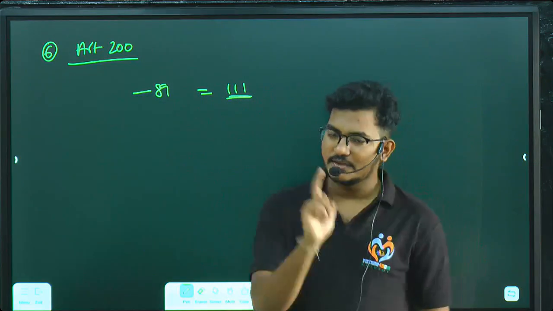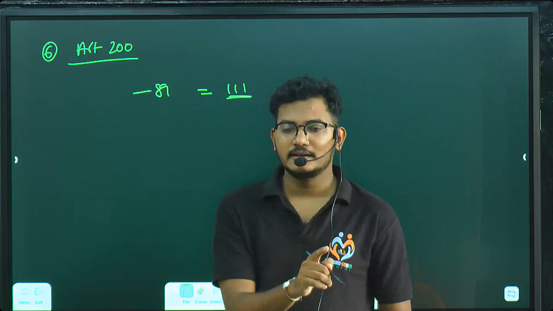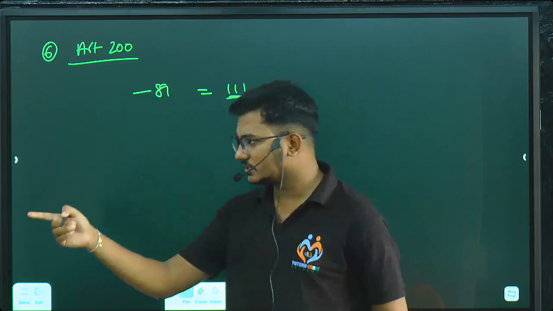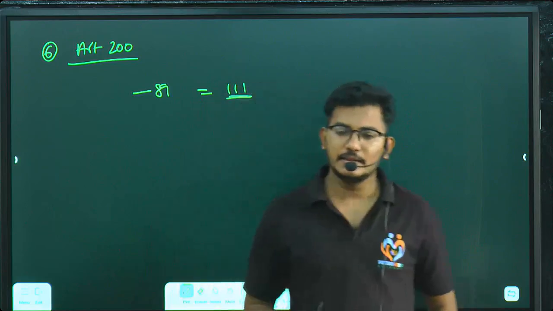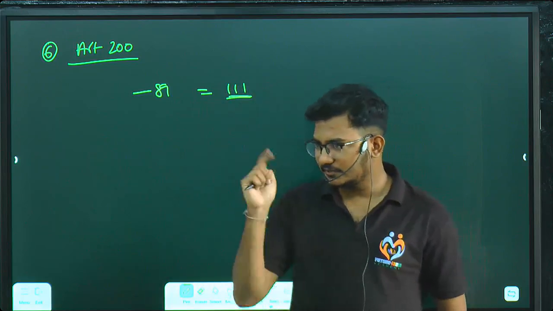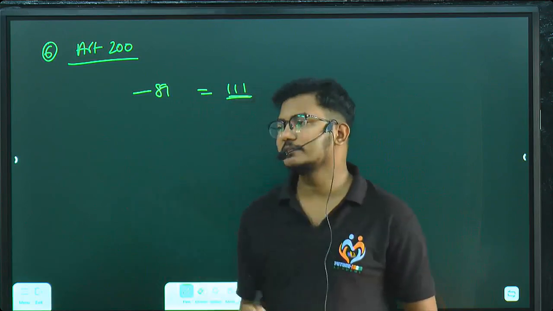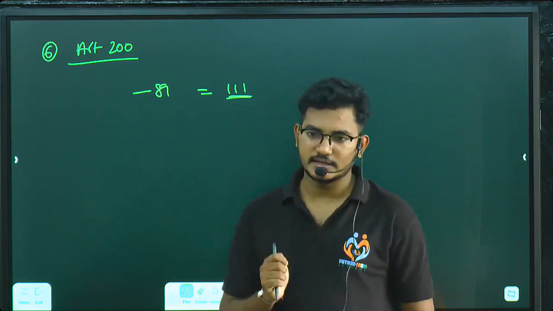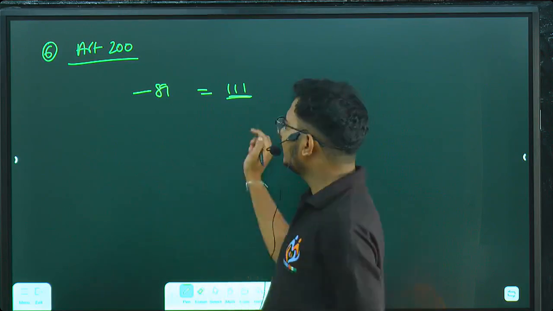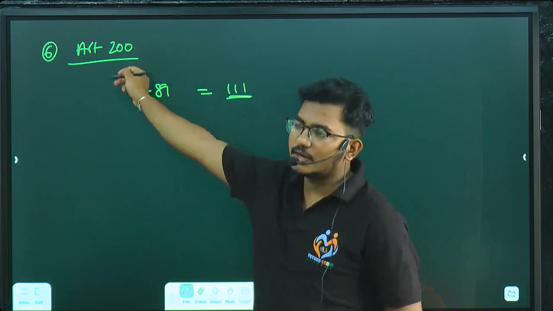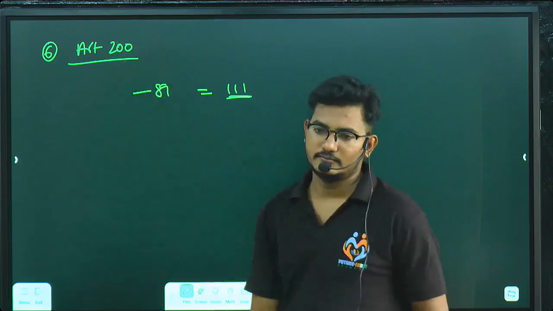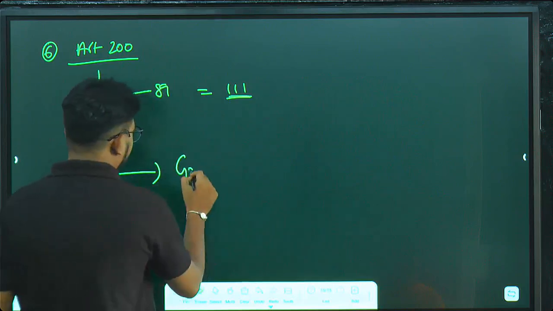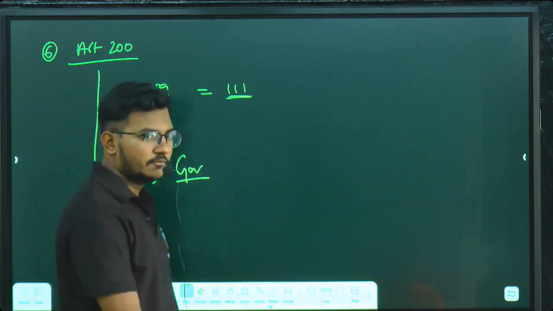Which means whenever a bill approved by the Lok Sabha and Rajya Sabha reaches the president, the president has three powers. One is he can give his assent, he can withhold his assent, and he can return the bill for reconsideration. Article 200 is the power of the governor. Here, the governor has four things.